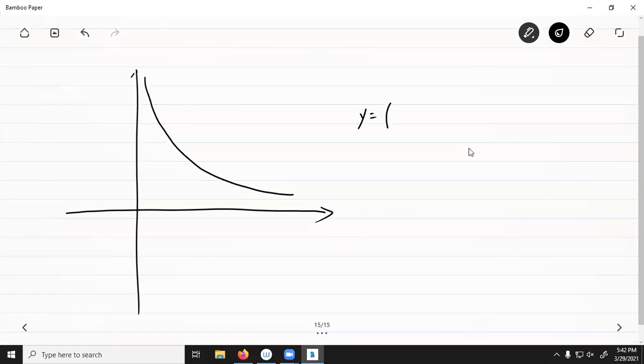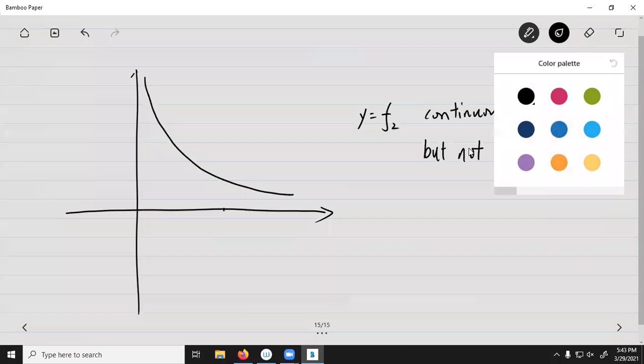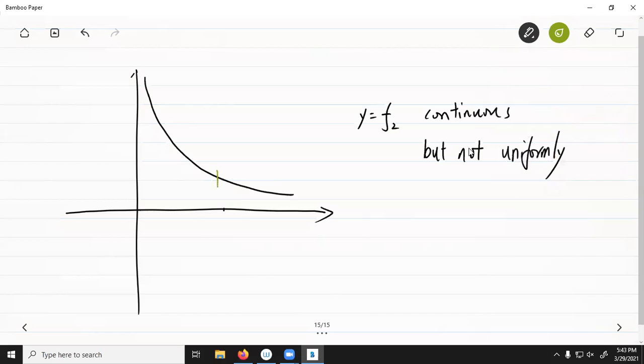But it's continuous, no problem. This one is continuous, but not uniformly continuous. Why? For example, if the point is here, you can always draw a box. If epsilon is given, you can always draw the box. This is epsilon, this is delta, the epsilon-delta box.